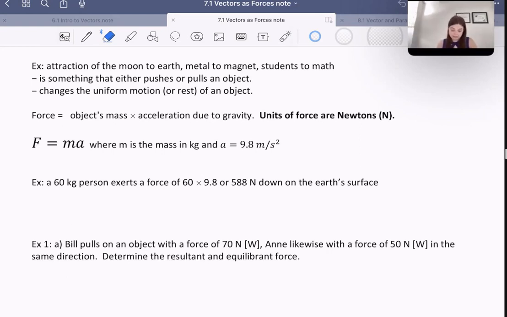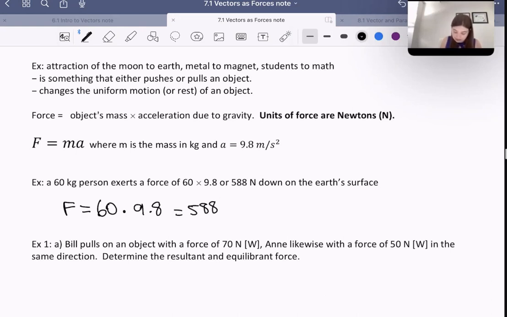So for example, force in this case would be equal to ma, so 60 kilograms times 9.8, and that's going to be equal to 588 N, and also downwards, because they're exerting that force down on the Earth's surface.